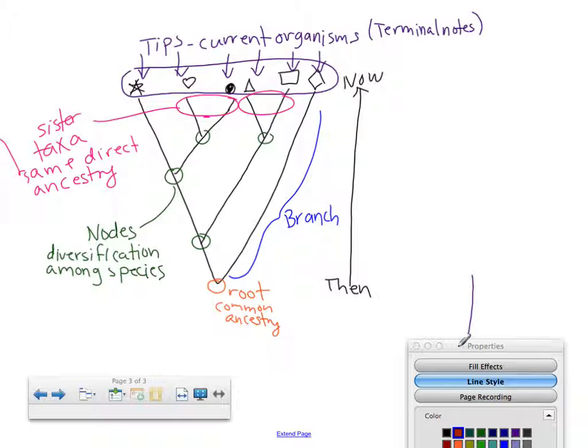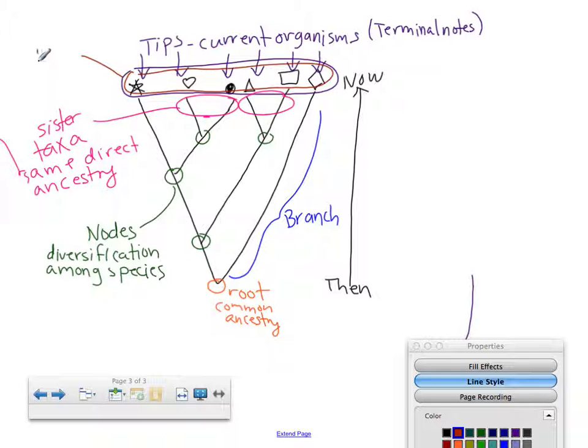I want you to circle yours in another color. Although we circled them in purple because we're categorizing as the tips, circle them in another color, and then we're going to write what this is for.